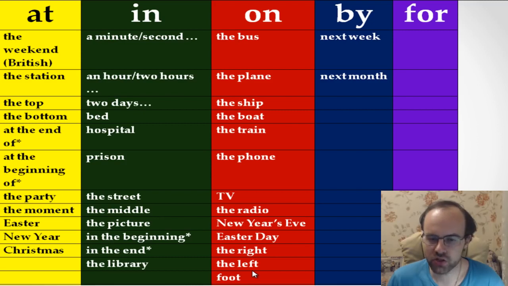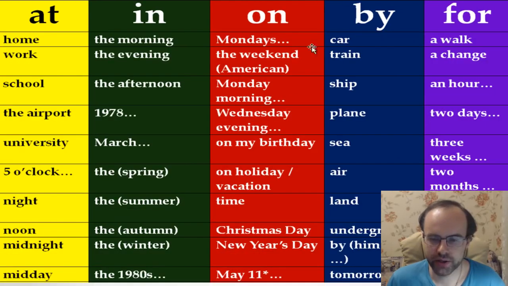So how do you usually get to work? You need to say, for example, on foot. It means that you walk to work, with your legs. Okay, right. So what about "by"? We say by car.